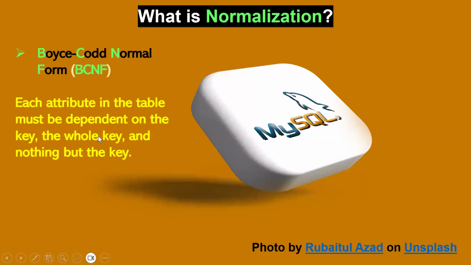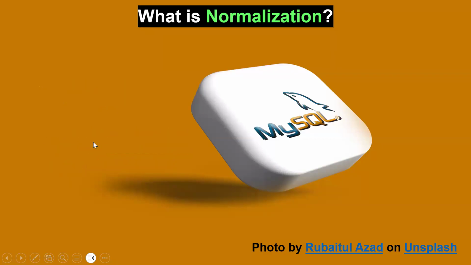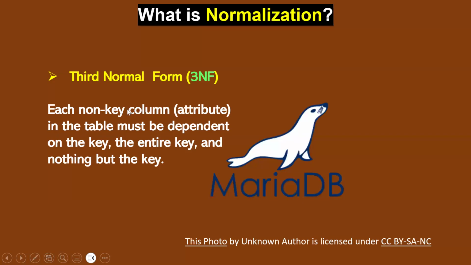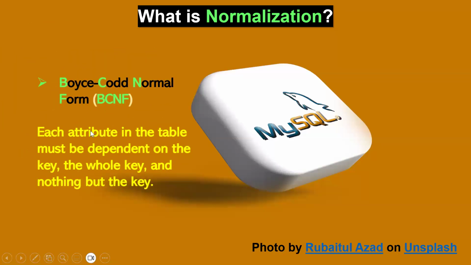So I'm going to go to Boyce-Codd normal form. It says each attribute, whereas the previous one said each non-key. Now we're saying each attribute, so an attribute could be any column. Each attribute in the table must be dependent on the key, the whole key, and nothing but the key.